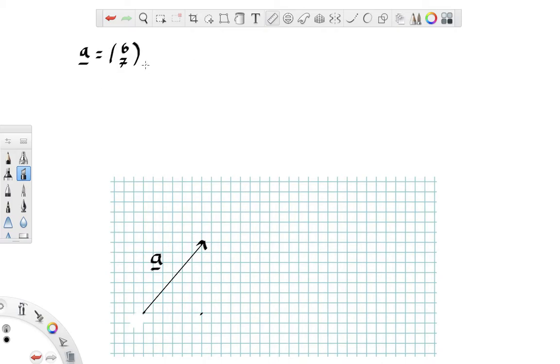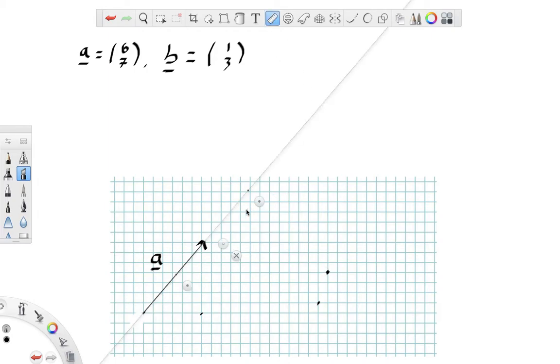Okay, so now we're going to look at another vector, and that's B. Again, it's underlined because we want our reader to know that it's a vector and not just a normal letter. And this vector is 1, 3. So I'll draw this vector over here. Again, we go horizontally across 1 unit, and then we go up 3 units, so 1, 2, 3. So this comes out here.